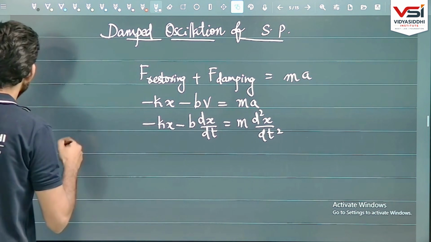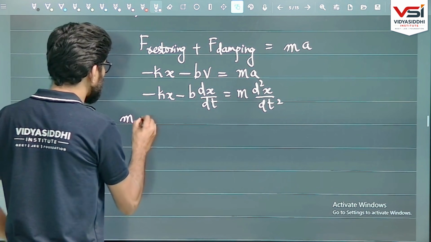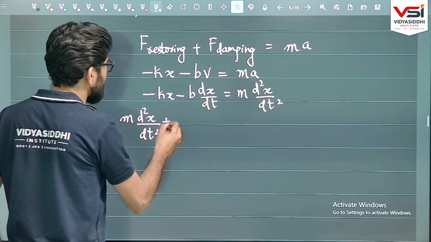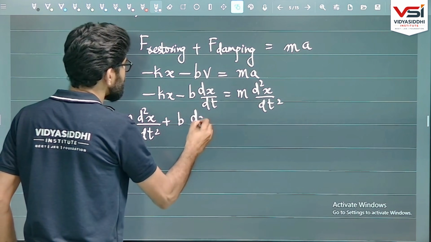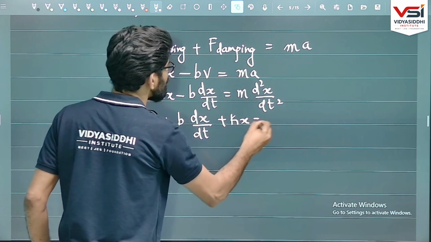On rearranging, m into d square x by dt square plus b into dx by dt plus kx is equal to 0.